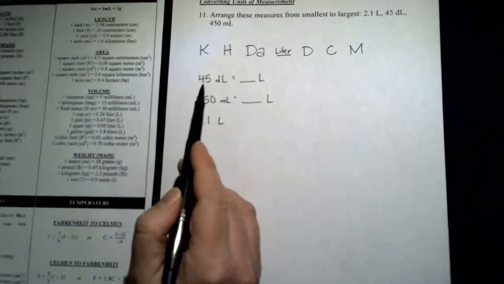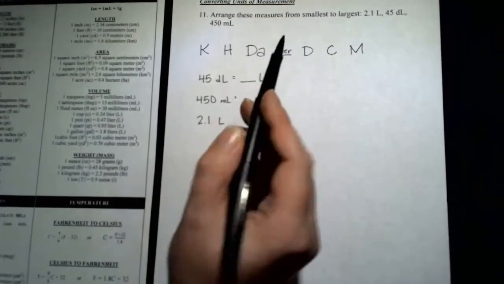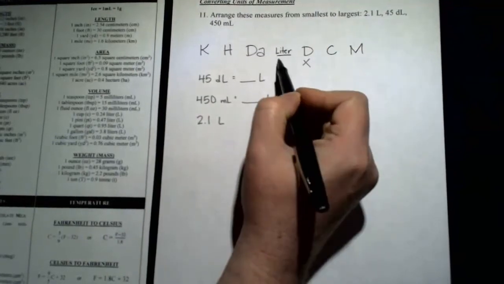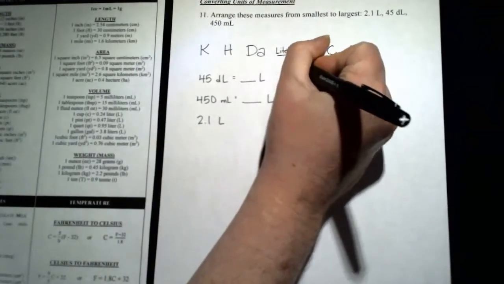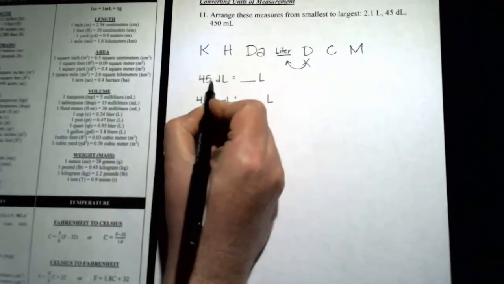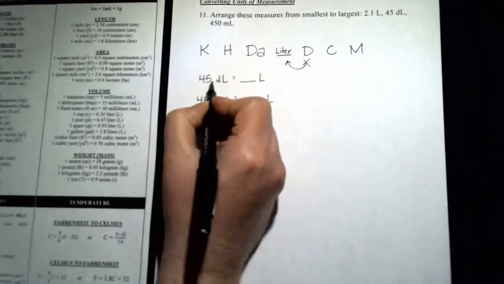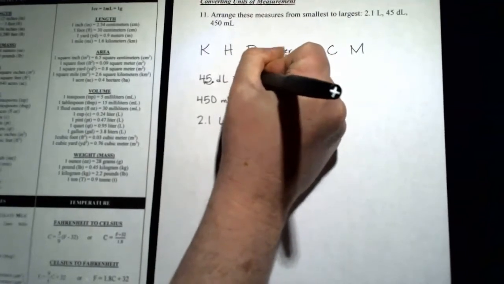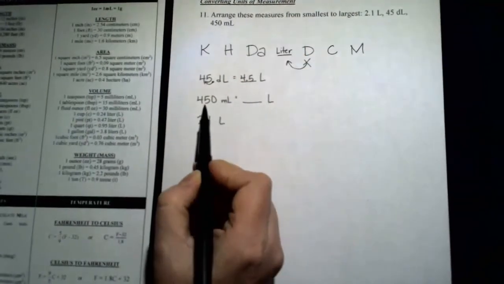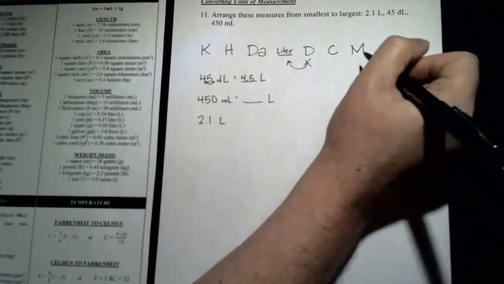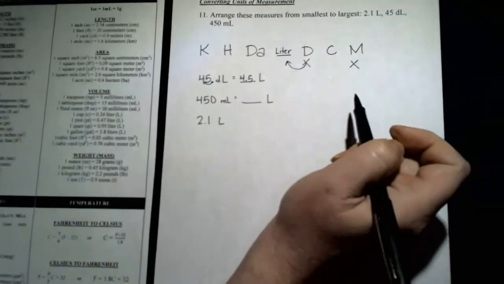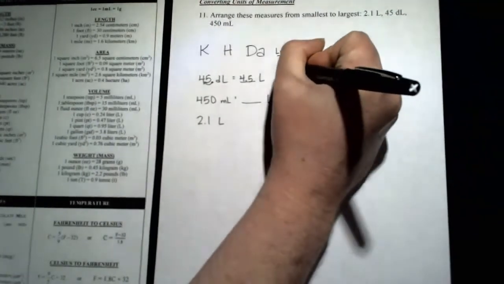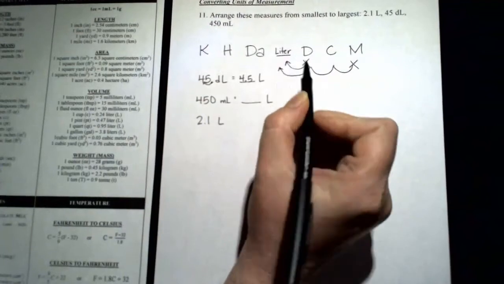Okay, so first let's start with the 45 deciliters. Deci is this one here. So you're starting here, and we're going to move it to liter, which means we need to move it back just one time. So your decimal is behind, move it back one time, and now it's 4.5. Then for the milliliter, you're starting over here, and we're going to move it back 1, 2, 3 to get it to liter.